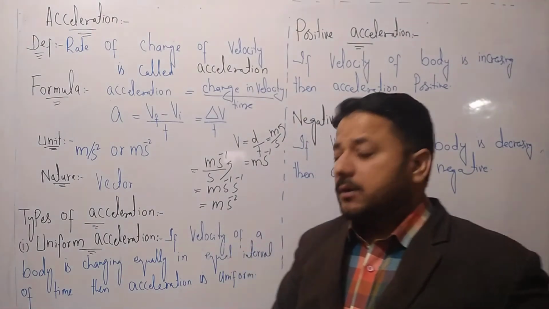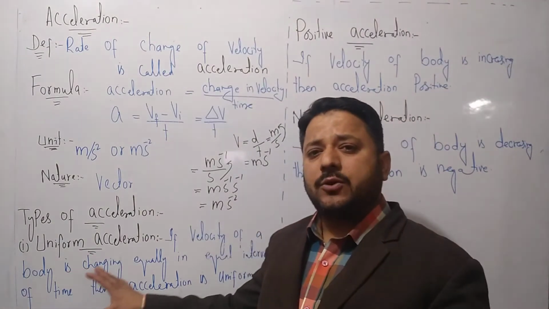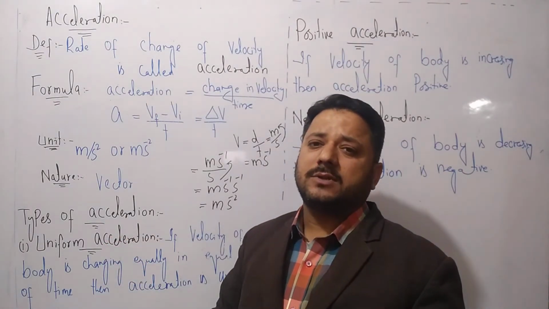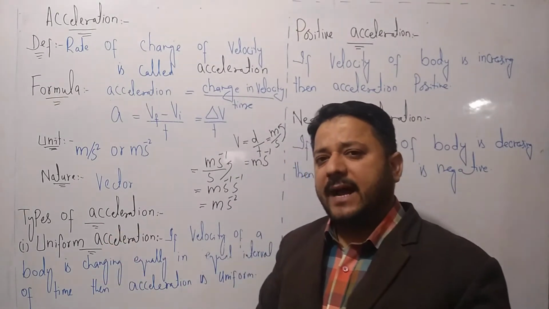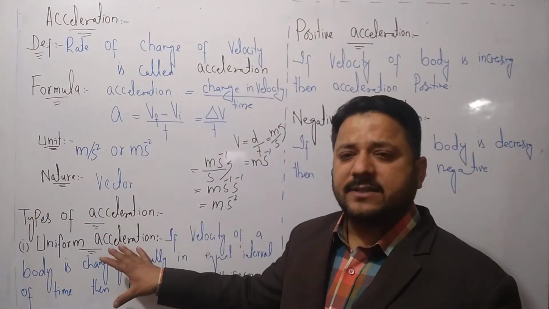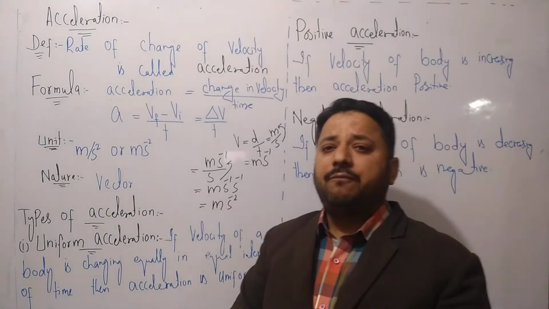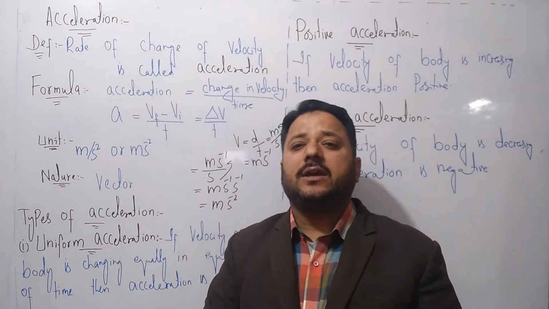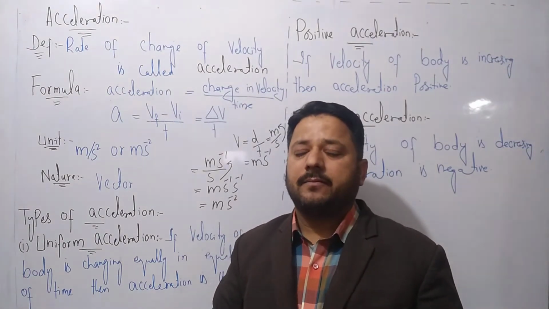But I have observed that many students make mistakes in understanding uniform acceleration, so I'm going to explain that. How can we say that this acceleration is uniform? If the velocity of a body is changing equally in equal intervals of time.